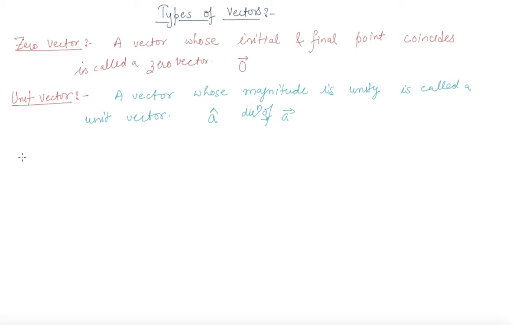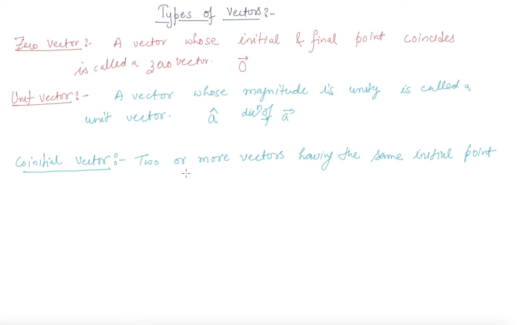Now, co-initial vectors. From the name it is clear that two or more vectors having the same initial point are called co-initial vectors.